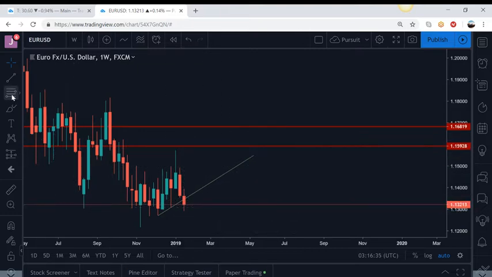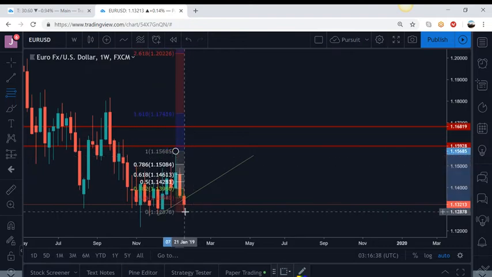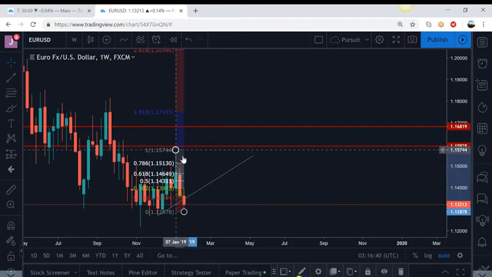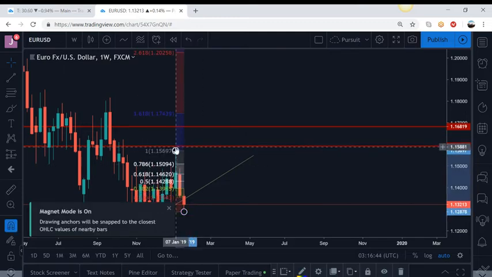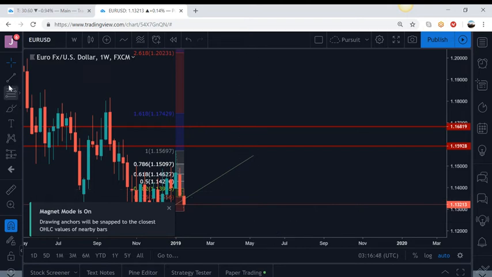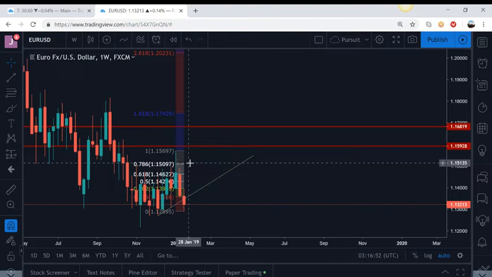So the polarity on a weekly chart is down. So now we're watching the move. Oh, turn the magnet back on so we get accurate measurements here. All right, so it's back to down. This is a weekly chart.